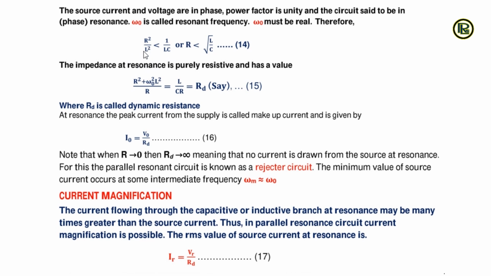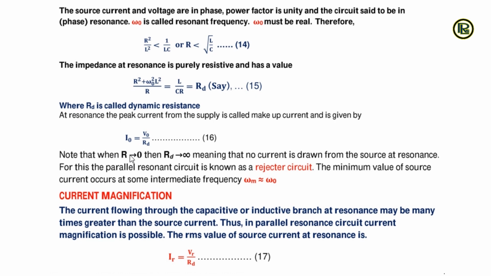Therefore, R square by L square is less than 1 upon LC, or R is less than root over L by C. And the impedance at resonance is purely resistive and has the value R square plus omega 0 square L square upon R, which is equal to L upon CR, equal to RD, where RD is called the dynamic resistance. And finally, at resonance, the peak current from the supply is called the make-up current and is given by I naught equal to V naught by RD.